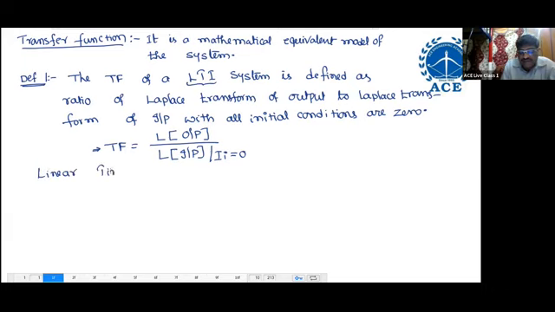It is not valid for other systems. So which system is called a linear time invariant system? First of all, when can we say the system is linear?